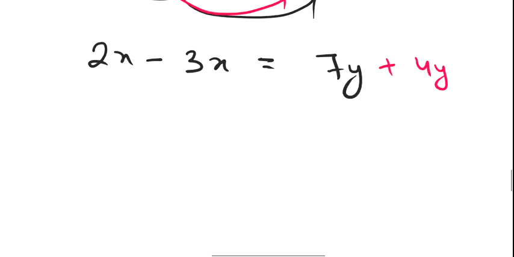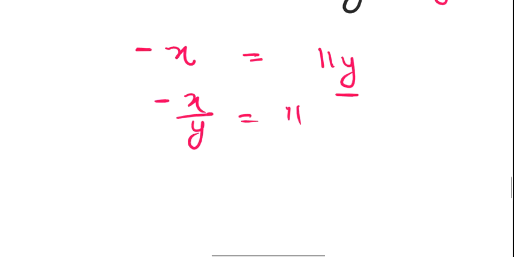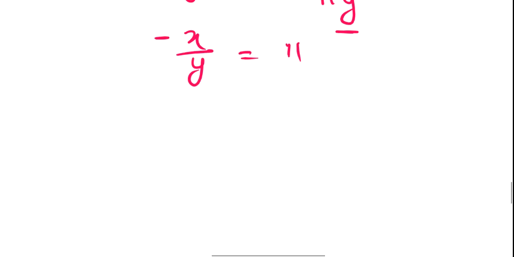Now we can simplify the equation. It will become minus x equals to 11y. Now what will happen? This y will come here. Minus x by y equals to 11. Suppose someone said, give me the value of x by y, but you have minus.